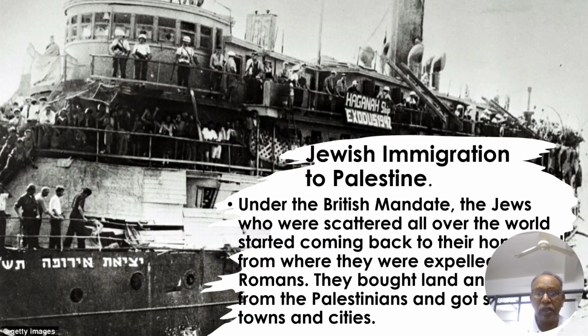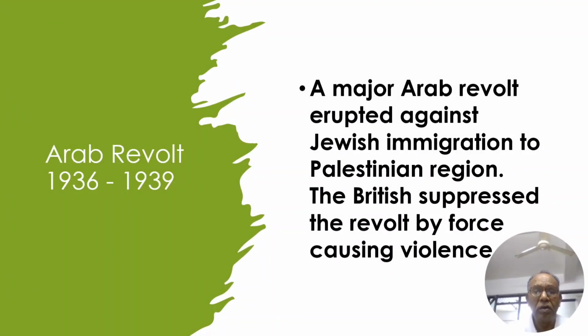They bought land and houses and started staying among the Palestinians, and they were occupying the towns and cities. A major Arab revolt erupted against the Jewish immigration to the Palestinian region. The British suppressed the revolt by force, causing violence and bloodshed.